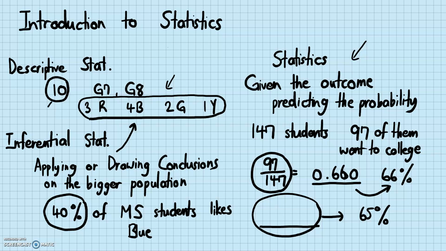So the bigger our data here, the more accurate our probability or our conclusion will be. But those are the two different kinds of statistics. One is just collecting data. The other one is using that data to infer. That's why it's called inferential, to infer or to conclude about a larger population.